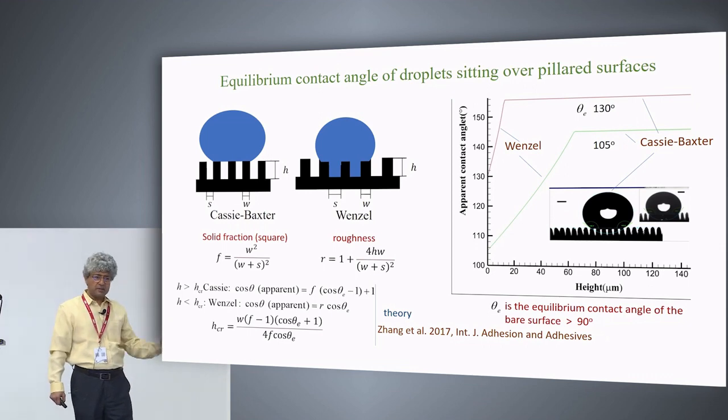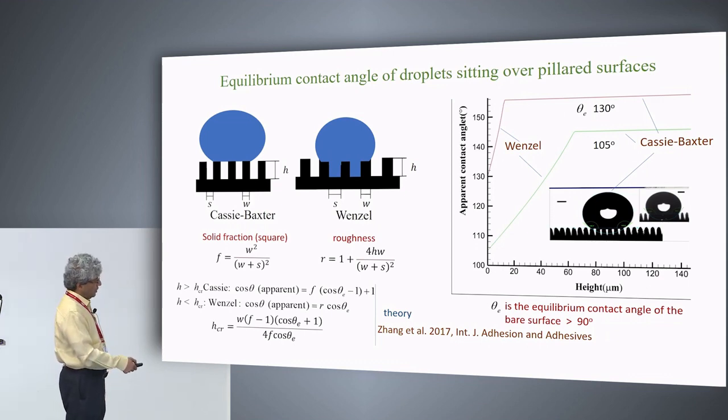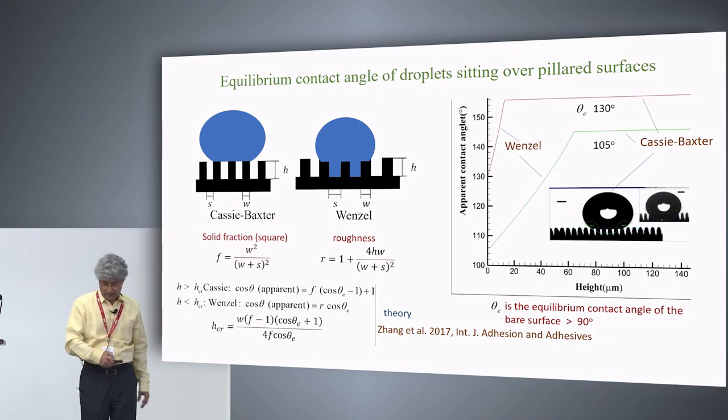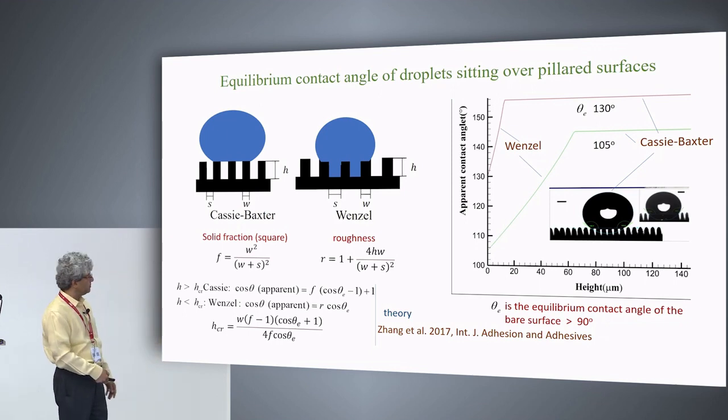Critical height below which the drop sits in the Wenzel state, above which it sits in the Cassie-Baxter state. And Cassie-Baxter gives a higher contact angle. So it's more hydrophobic than Wenzel.